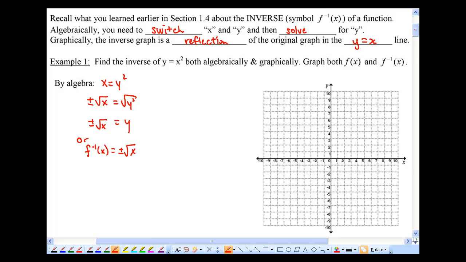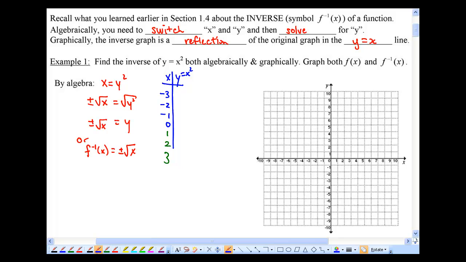Okay? And how do we show this on the graph? Well, I guess I will graph out the original function first. That'll be the x comma y for y equals x squared. Let's do negative 3, negative 2, negative 1, 0. I'm going to color code this, and you'll see why in a second. 1, 2, 3.